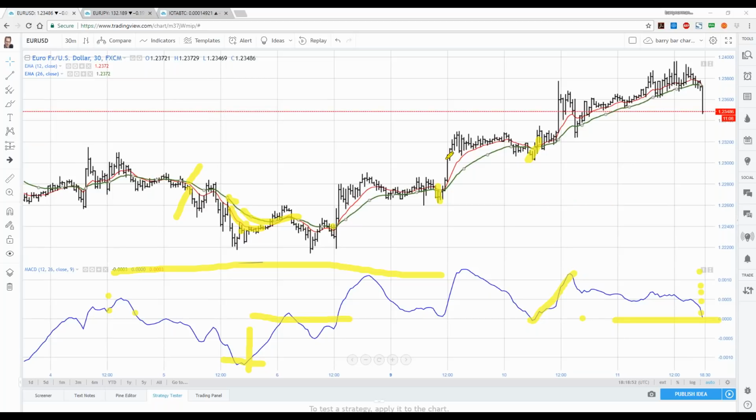So in other words, we can look here and we can see that the crossover occurred here. And the price started moving up here.